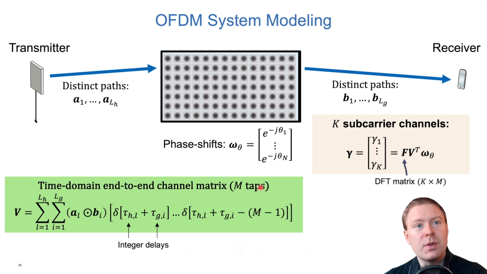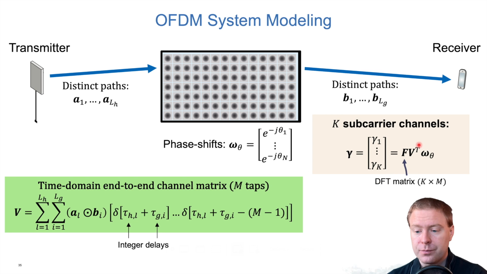Okay, what would we do then to communicate over a channel like this? We would take it into the frequency domain. So if this is the end-to-end channel matrix with m taps, we are multiplying with the DFT matrix, or actually the truncated DFT matrix, with k rows and m columns. So k is the number of subcarriers, and that is larger, usually much larger than the number of taps.